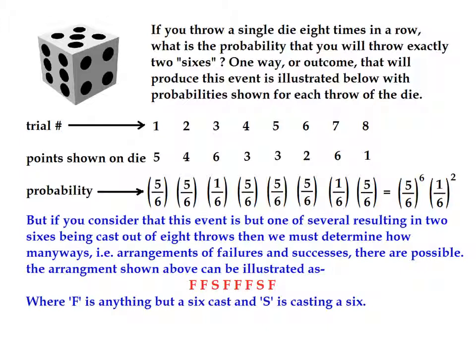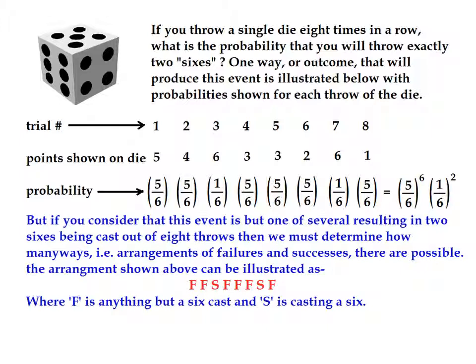If you consider this event of throwing 2 sixes exactly in 8 throws of a die, we just calculated one possible arrangement of failures and successes.